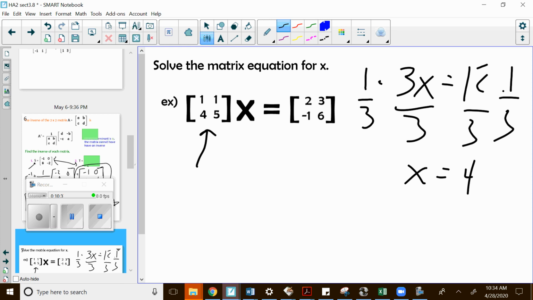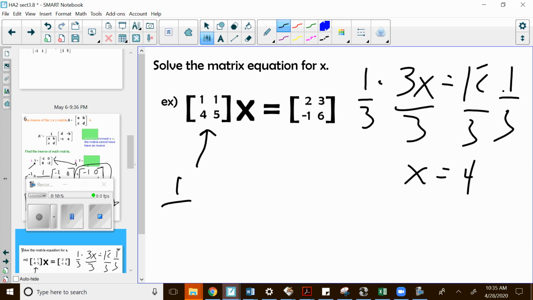So we need to strip that 1 1 4 5 away, and the only way to do it is to find its inverse. To find its inverse, multiply both sides by that inverse, and you're going to see it disappear. I'm going to show you that. But first off, let's find that one's inverse, which is 1 over the determinant, right?